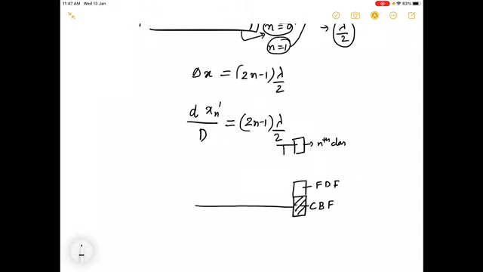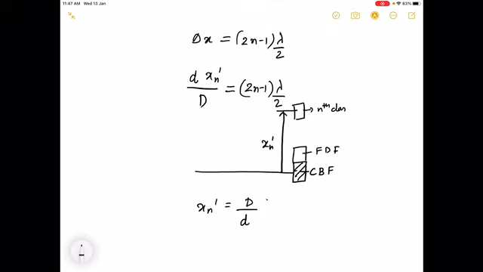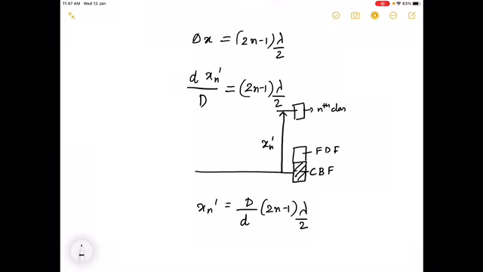So xn dash is actually the distance between the nth dark fringe and your central bright fringe. Very carefully इसको समझना है, ठीक है? Okay, so let's move forward with this, right? So I can write xn dash is actually equal to (D by d) times (2n minus 1) lambda by 2. Yes or no? I hope everybody agrees with me, right?